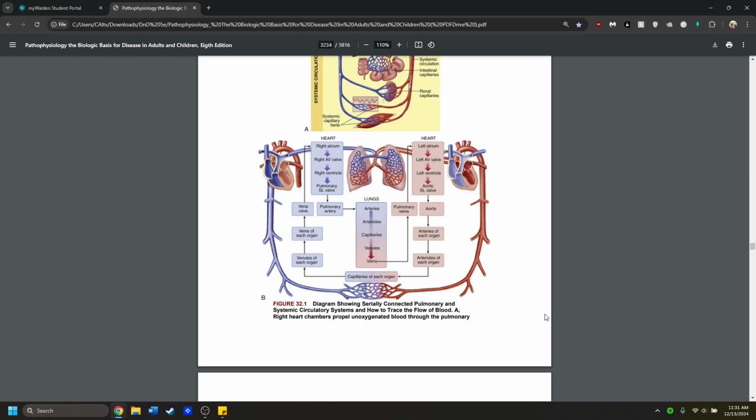The exchange happens, the oxygen gets dropped off, and that deoxygenated blood goes into the venules of each organ, through the veins of each organ, back to the vena cava, where it re-enters the right atrium and goes through that happy circle once more. So again, this is just a very 1, 2, 3 of basic anatomy.